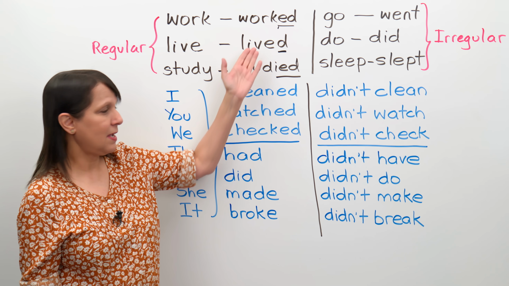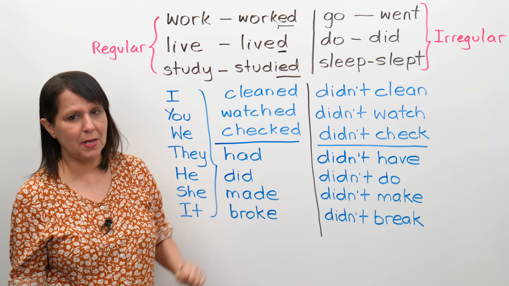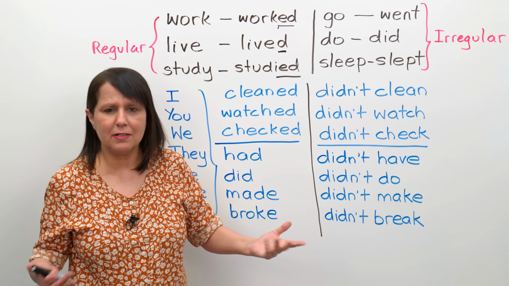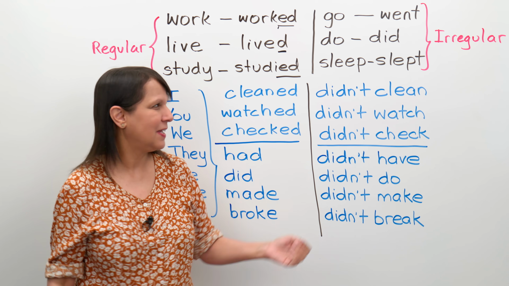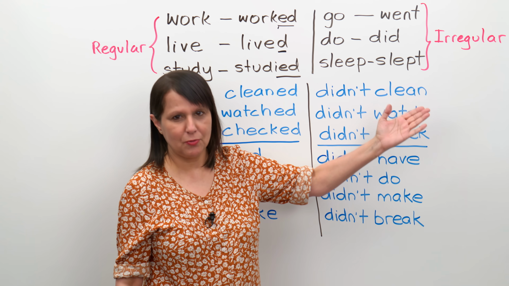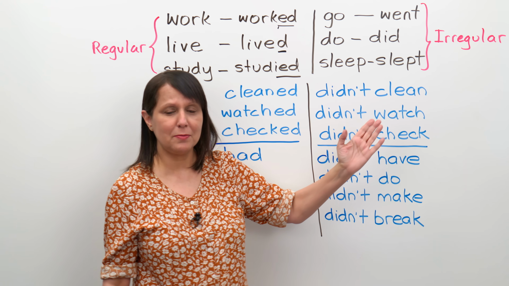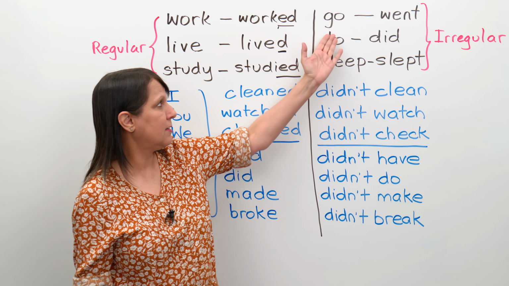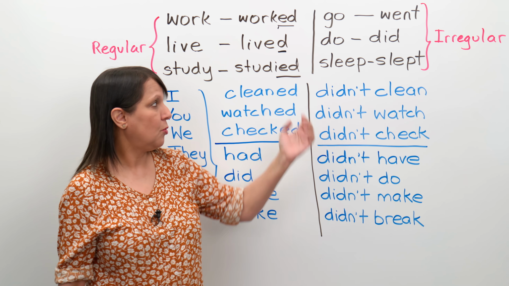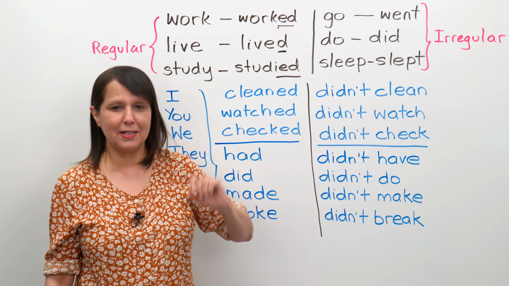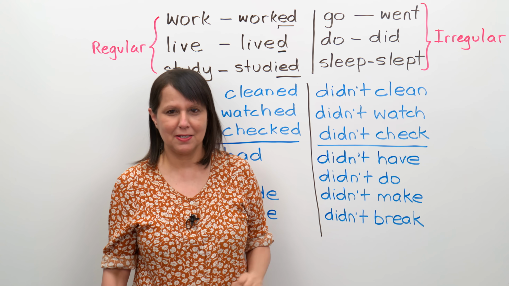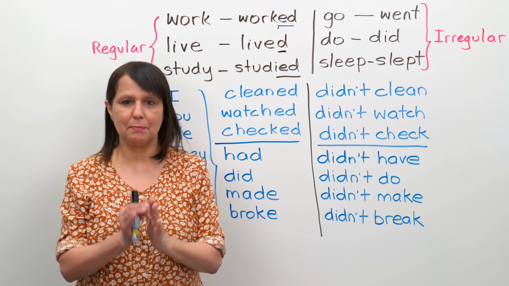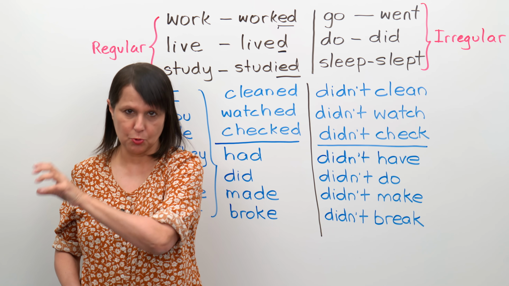Now, they didn't follow any kind of a regular pattern. Each one is kind of a little bit different, right? So that's what makes them irregular, that the past forms are basically sometimes completely different, like go and went, or do and did, which is kind of similar, or sleep and slept. But they don't follow any basic pattern. They just fall into different groups.